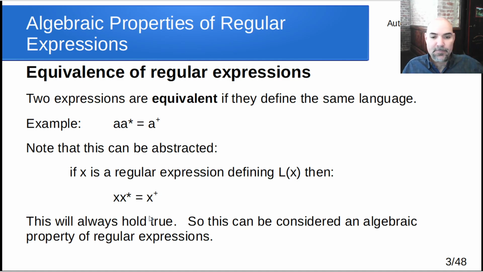And since that example that we had up there would always hold true no matter what we plug in for X, then that can be considered an algebraic property of regular expressions. In other words, just like with algebra, we have certain truths about how we can manipulate things to get something that's equivalent. We can do the same thing with regular expressions.